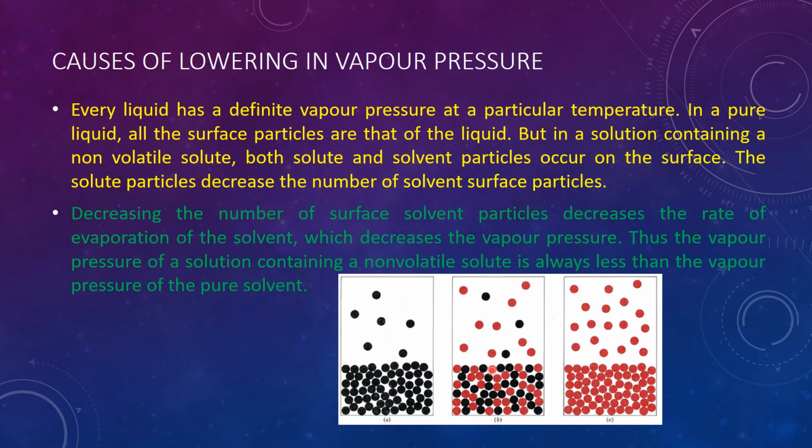Thus the vapor pressure of a solution containing a non-volatile solute is always less than the vapor pressure of the pure solvent. The pure solvent will have more vapor pressure as compared to the solvent in this solution. The vapor pressure of the solvent decreases due to the presence of these non-volatile particles.